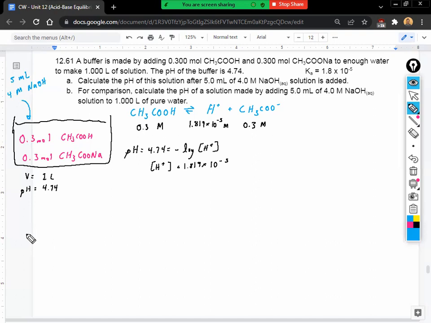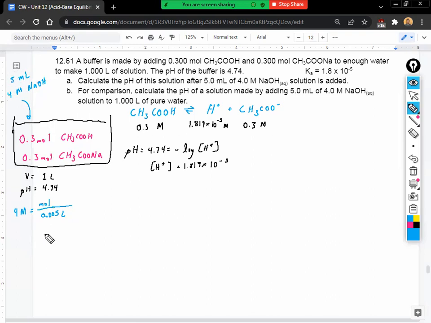So we can calculate the moles of NaOH that were added. We have 4 molarity NaOH equal to the moles over the liters. So we need to convert the milliliters into liters. Move the decimal 3 times to the left and you should get 0.005 liters.